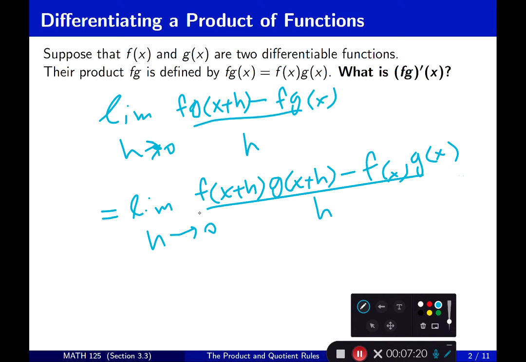Now, what is the goal? So this was just writing the limit definition and then writing it as the actual product, and now I can't quite see the derivative of either of the functions, but I can separate this in a way that lets me see the derivative and the function separately.